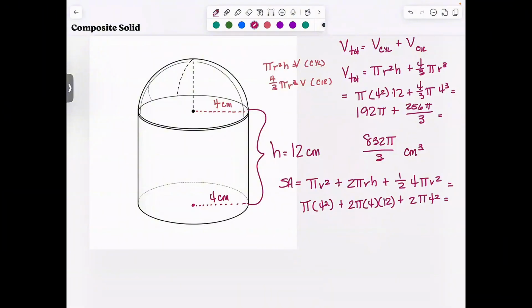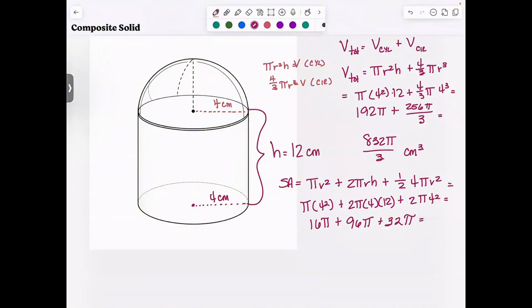So we have 16 pi, 8 times 12. That's 96, right? Yeah, 96 pi. And 16 times 2 is 32 pi. All right, so 16 plus 96 plus 32 is 144 pi.